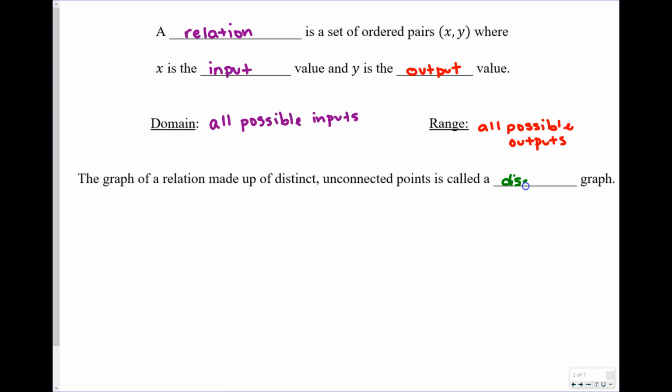That's why this learning target is called discrete relations and functions. What makes something discrete is that the graph has distinct, unconnected points, like dot, dot, dot, dot. Here's a bunch of points. This is all discrete. None of them are connected. That's what discrete means.